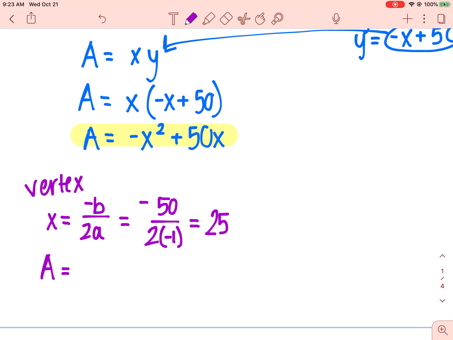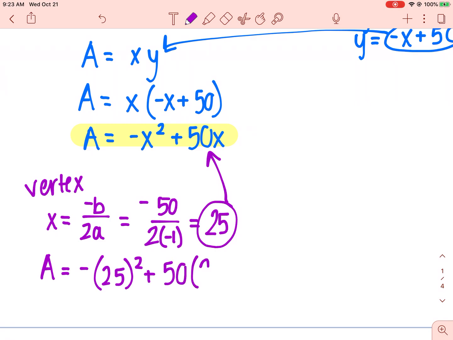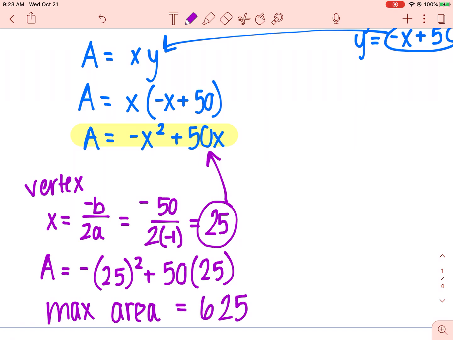So if I plug this back in here, I get the area to be negative 25 squared plus 50 times 25. So my max area is going to equal 625 feet squared.